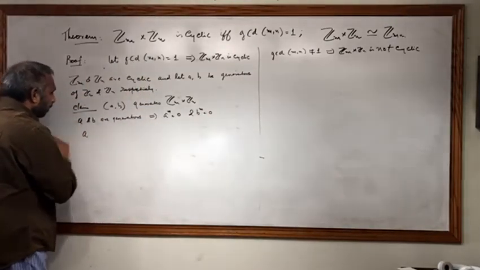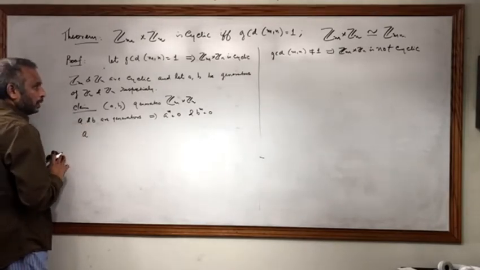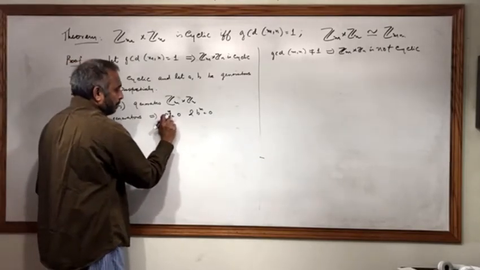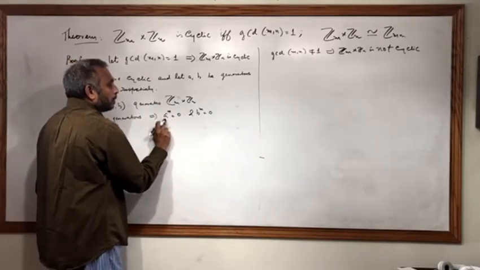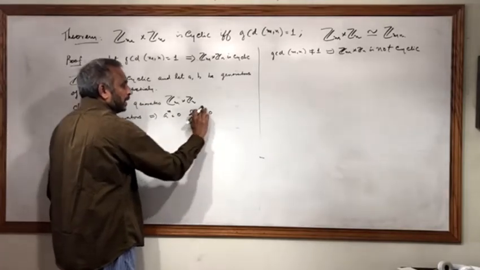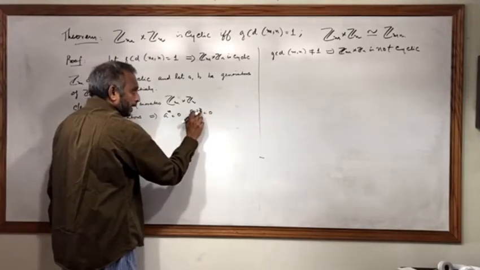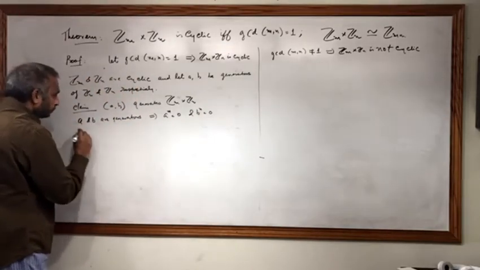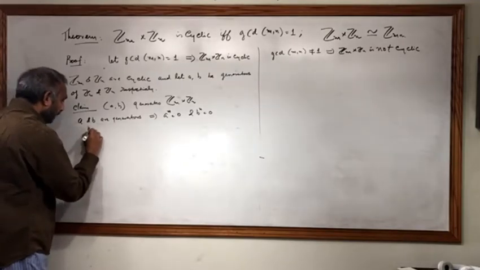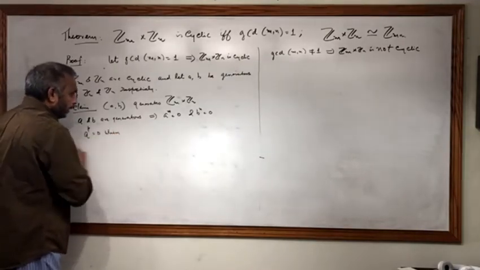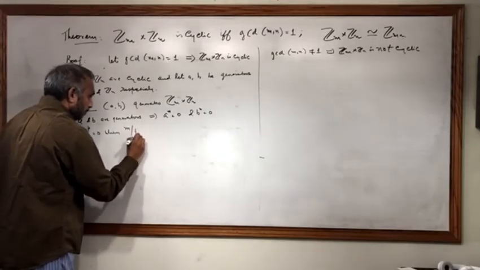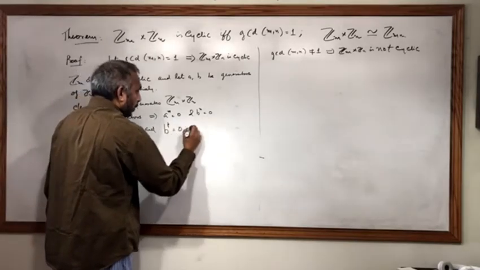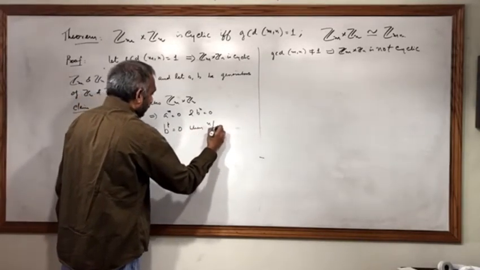So for every multiple of m, a to the power of that multiple will be 0. Similarly, for every multiple of n, b to the power of that multiple will be 0. So a to the power of p is equal to 0 when m divides p, and b to the power of p is equal to 0 when n divides p.